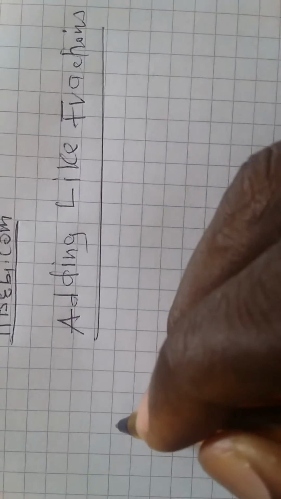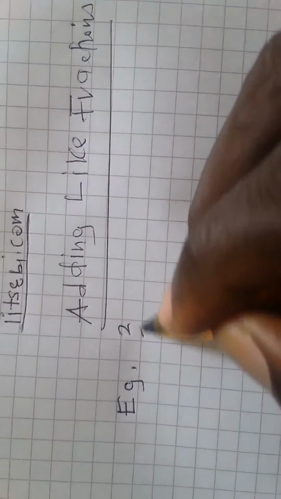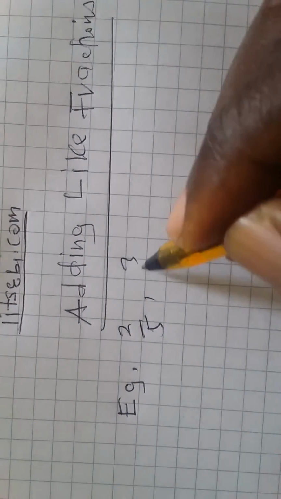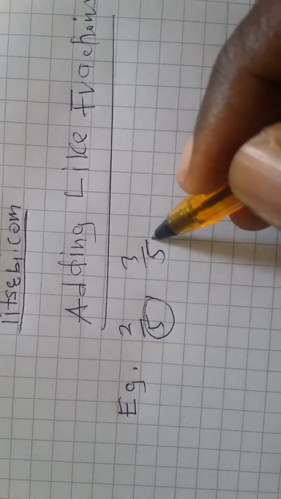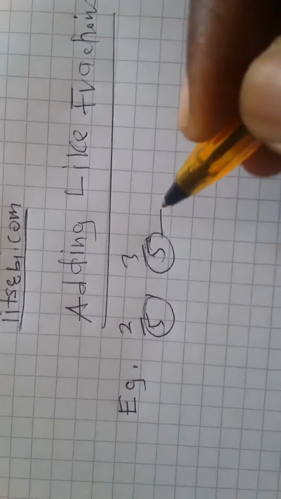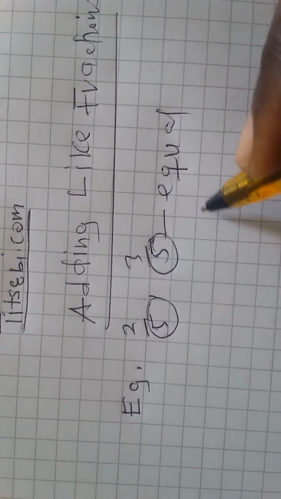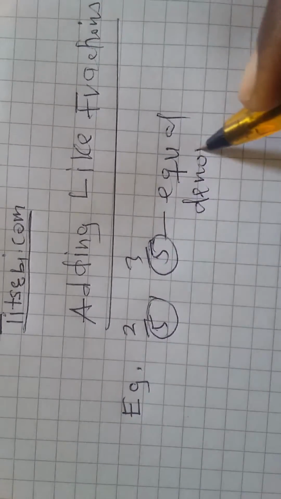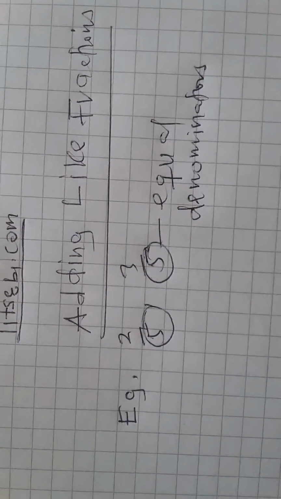For example, 2/5 and 3/5 are like fractions because the denominators are what? Equal denominators. Okay.